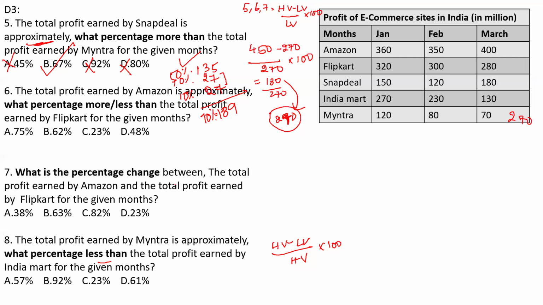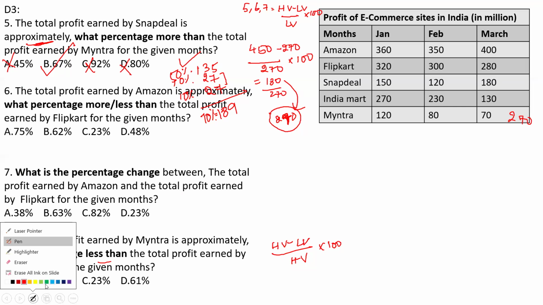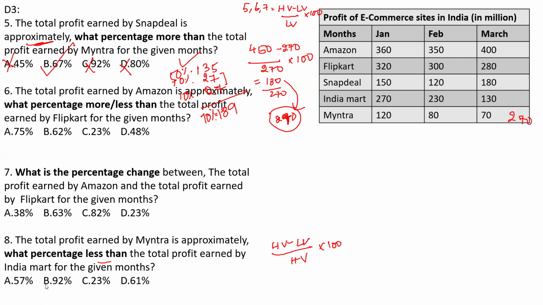Very good. Okay, let's solve it. For the sixth question, the total profit earned by Amazon is approximately what percentage, more or less?